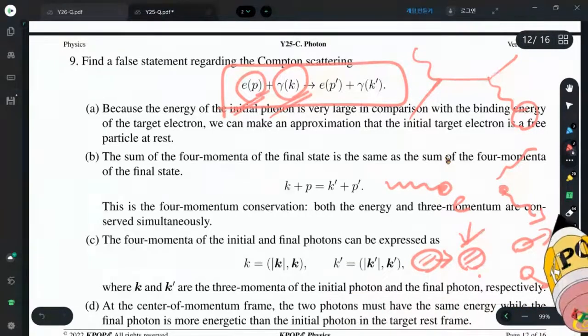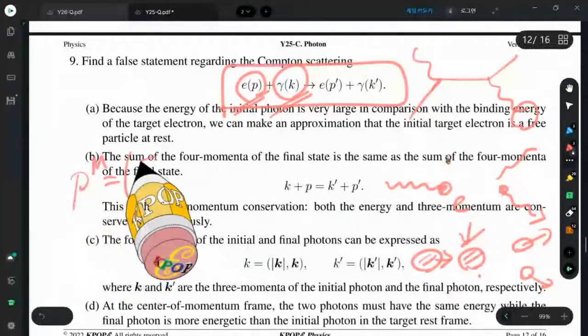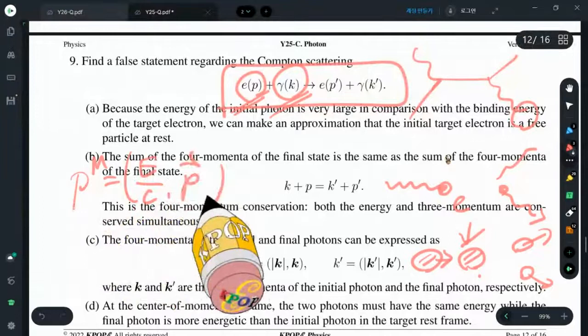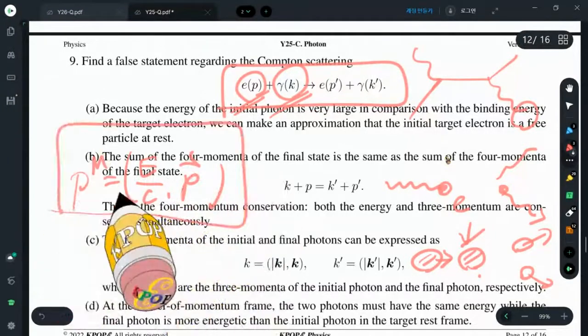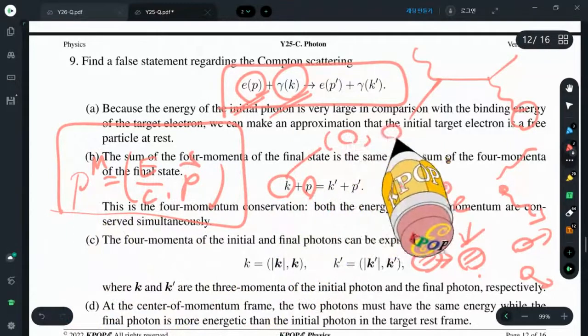In this expression, Einstein's four momentum was used, and each of these four momenta has 4 components.